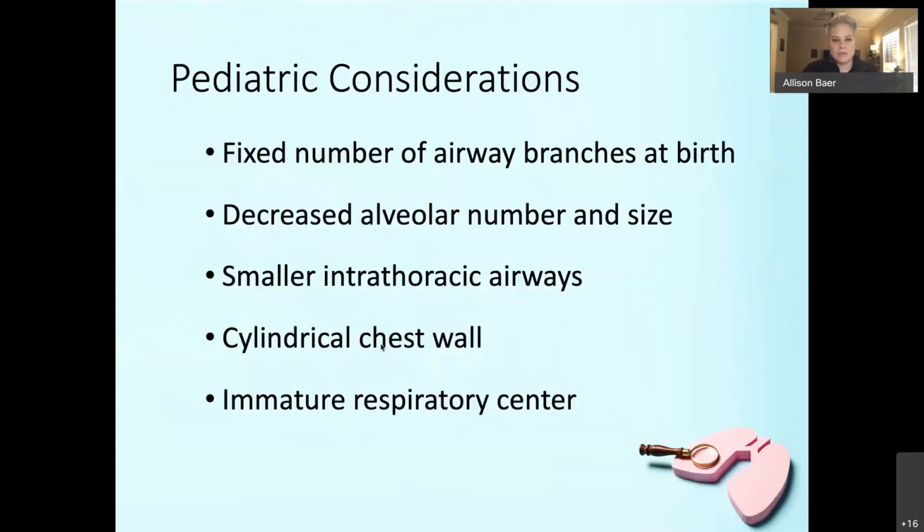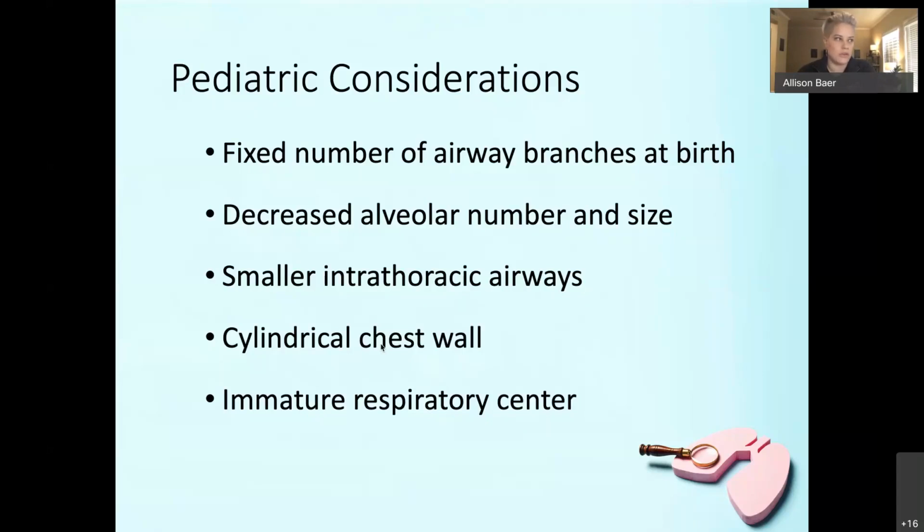They're going to have, again, smaller airways. We'll show some diagrams of this in a minute, but relative to an adult, their airways are smaller, which means swelling and mucus and things are going to affect them more than they will an adult. They have kind of a cylindrical chest wall to start out with until it grows.